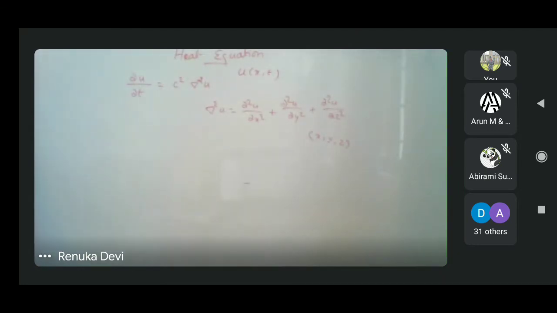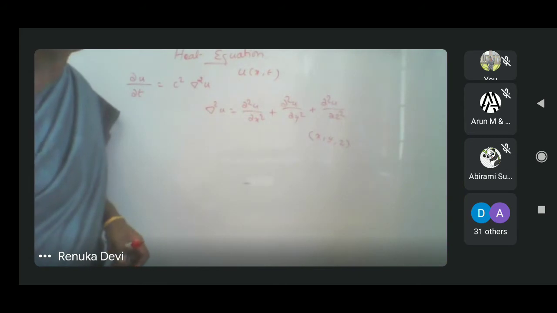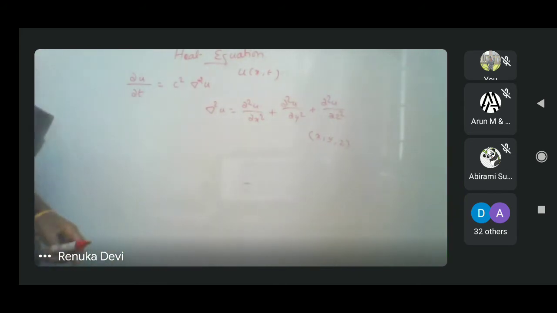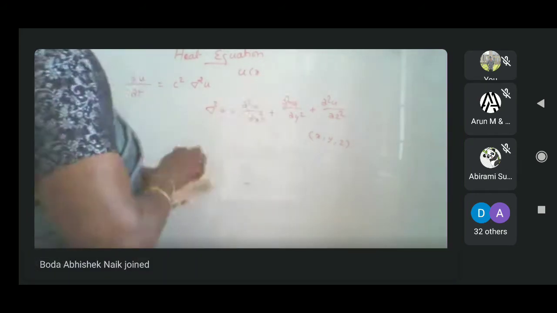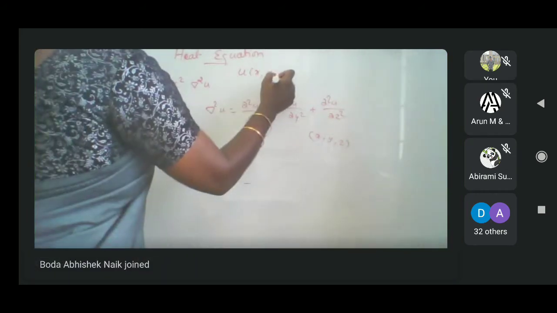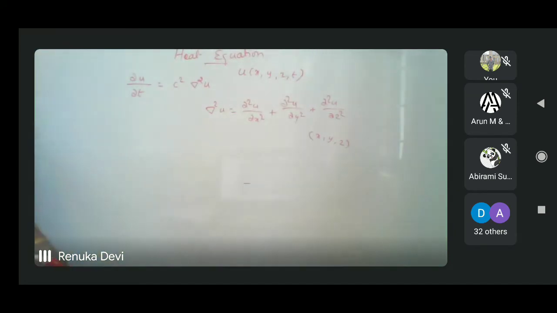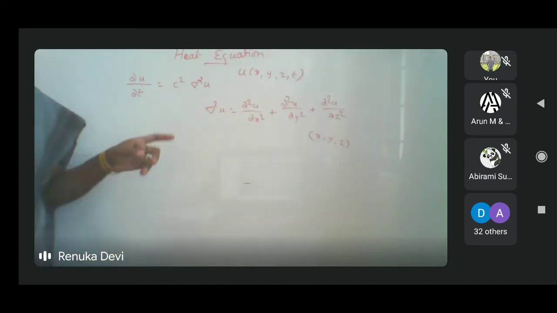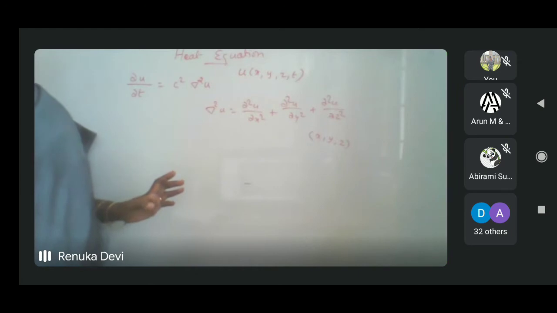This equation gives you the temperature. In the more general case, u is a function of x, y, z and t in a body of homogeneous material. What is homogeneous material?